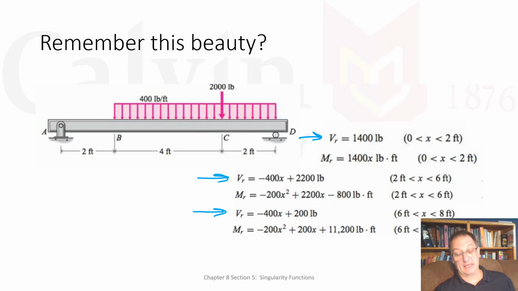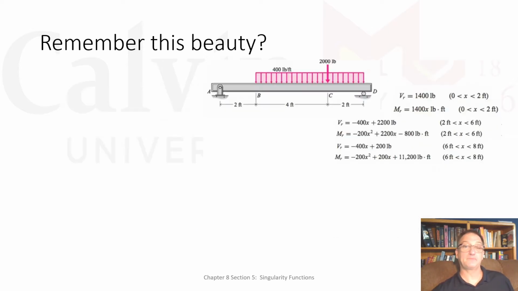I could do the same with the moment equation. But now, using this new math, we'll be able to do this all in one equation. And that, when we're trying to do this integration, will make our jobs easier.